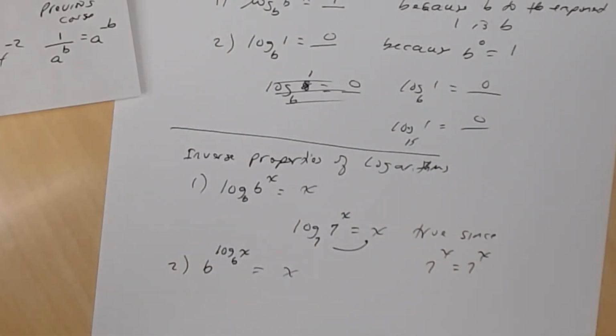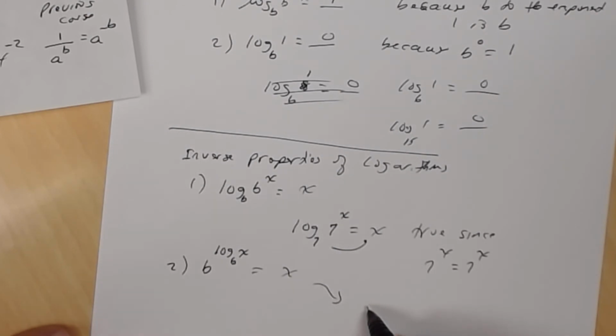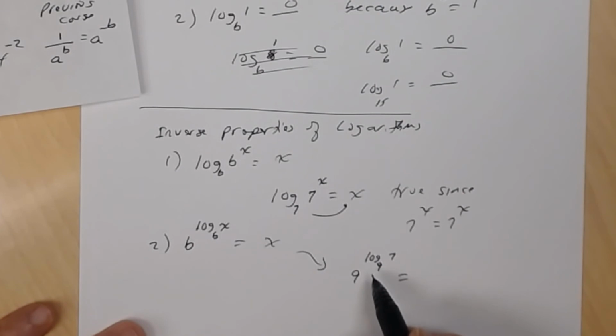Okay? All right. So again, based on this one, if I have 9 raised to the log of, let's say, 7 base 9, real quickly, what's that equal to? The bases are the same, so it's just what? 7. That's what that says.